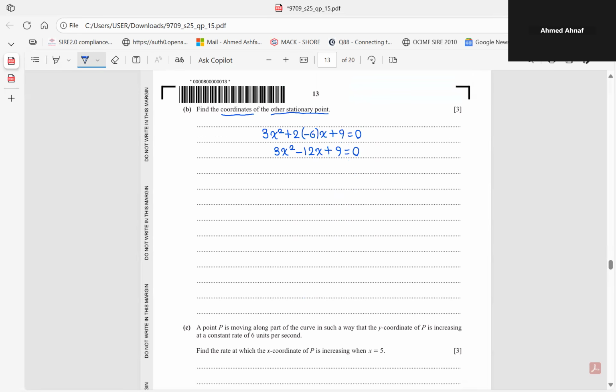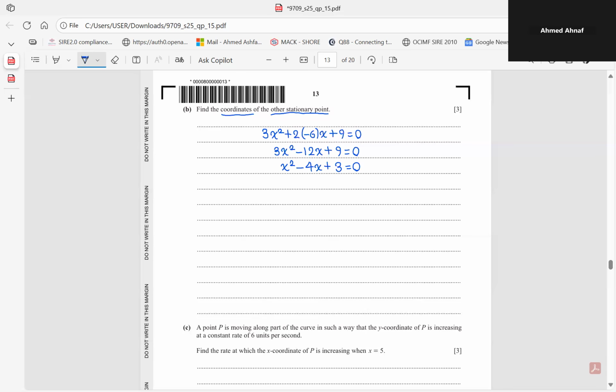So we've got a quadratic equation in here. So we can solve this. And to make it simpler, we can divide the coefficients by 3. So this is x squared minus 4x plus 3 equals 0. Okay, now we can finally solve it.